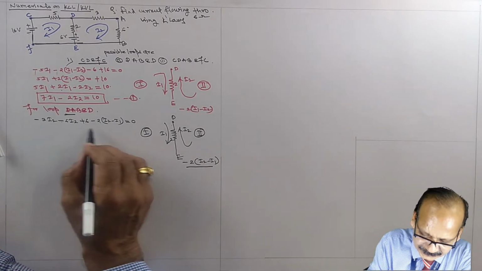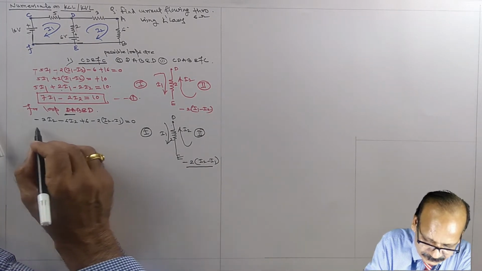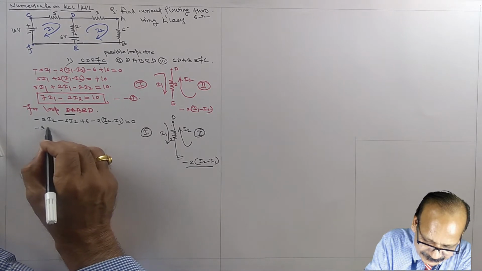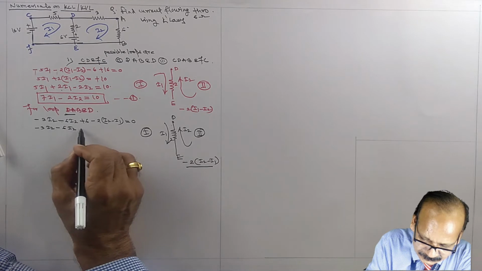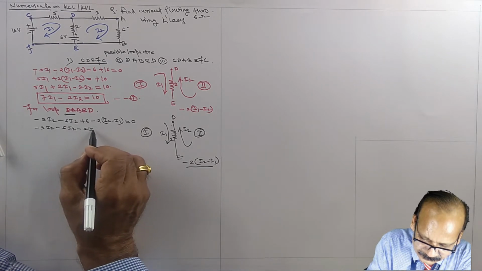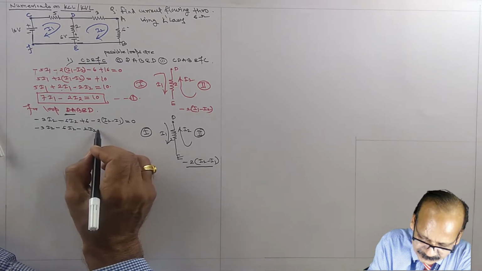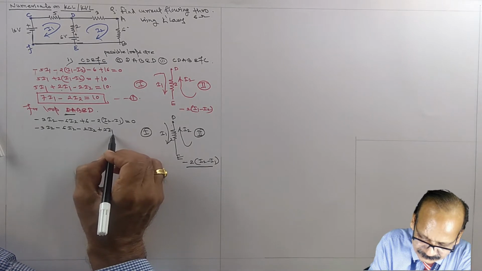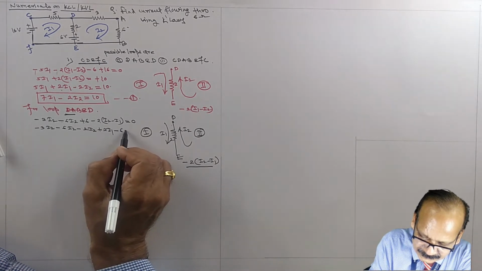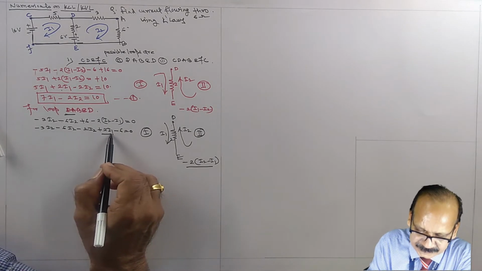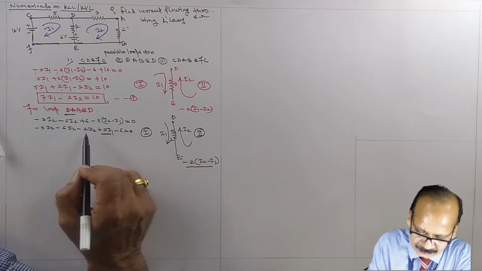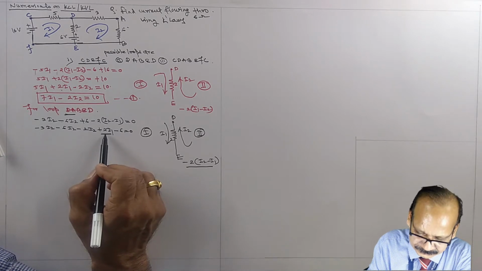So let us simplify it. Minus 3 I2 minus 6 I2. Now minus 2 I2, this one, plus 2 I1 minus 6 equal to 0. So let us club together I1. See, this is 2 I1.